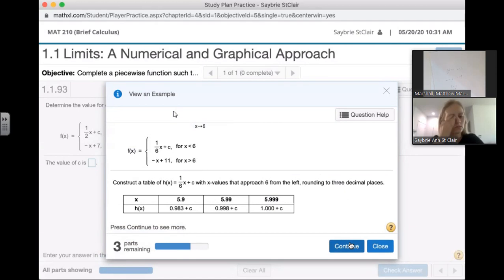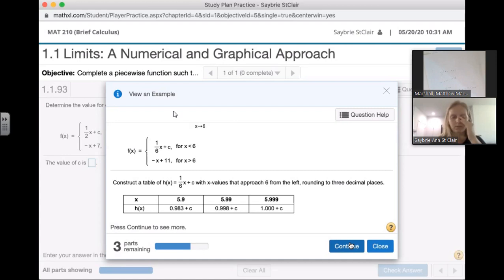So doing some tough math, plugging in, let me see my calculator there. So 1/6 times 5.9, 5.99.